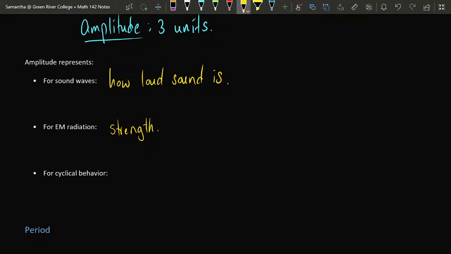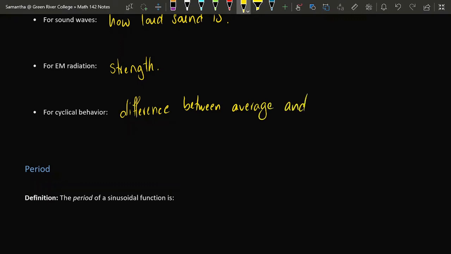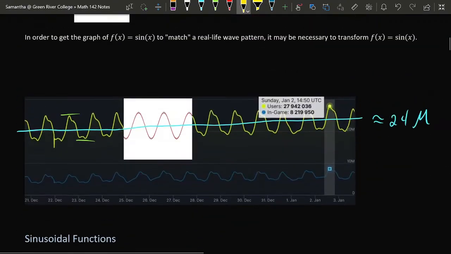And in general, for cyclical behavior, such as the number of users on Steam at any given time, amplitude represents, roughly speaking, the difference between the average and the most extreme situation. On average, there were around 23 million users.